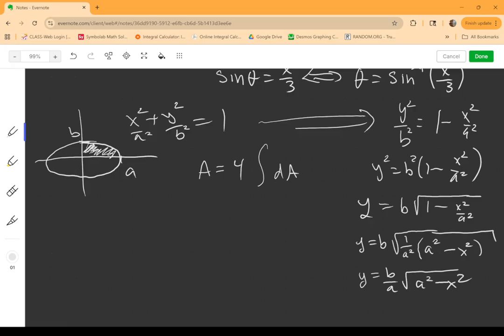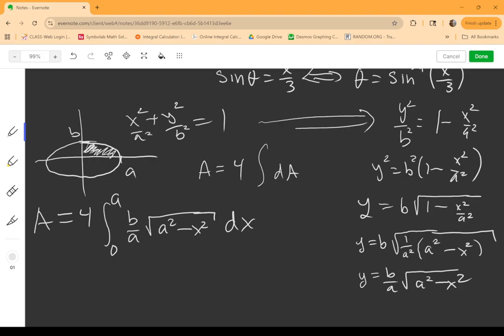All right, so all that to set up the integral for the area to be 4 times the integral from 0 to a. I integrate along the x of b over a, square root of a squared minus x squared, dx.